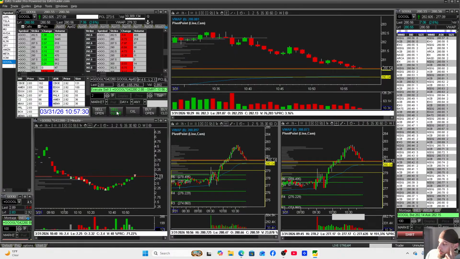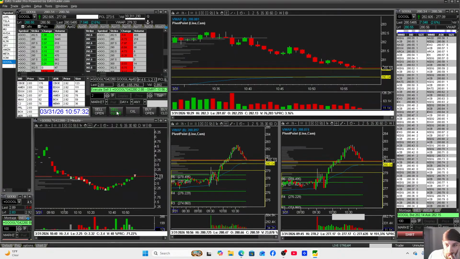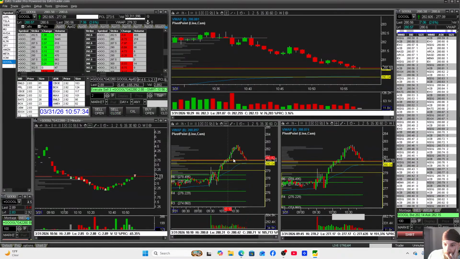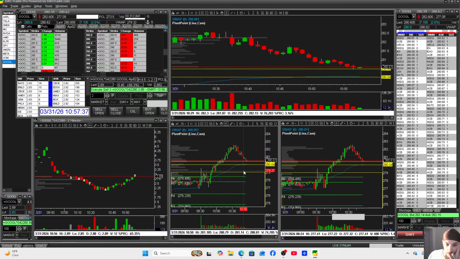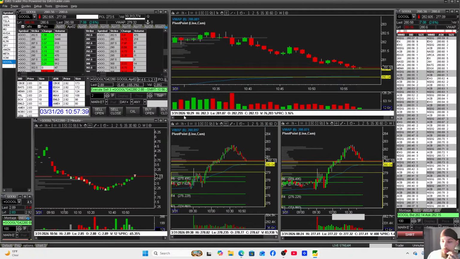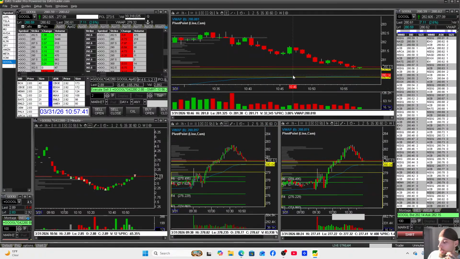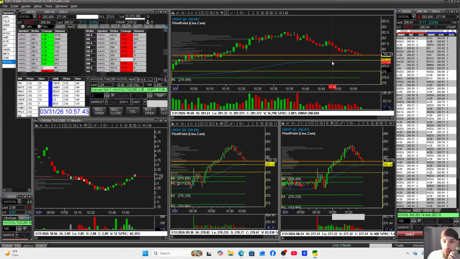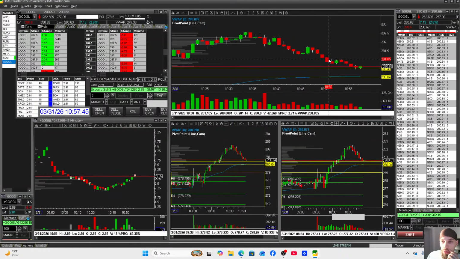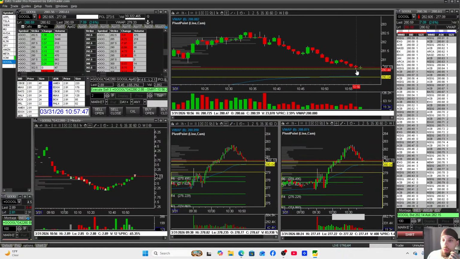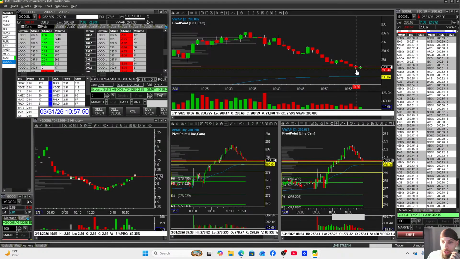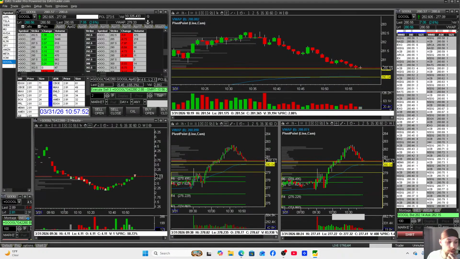So we have 2 contracts left here. We retraced very nicely to the downside here, so we caught the top. Made it to our first target profit. I had 5 contracts, I closed 3 of them.